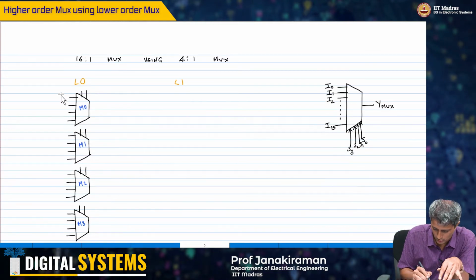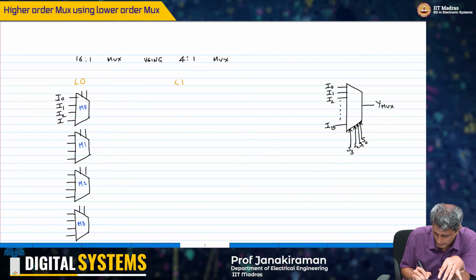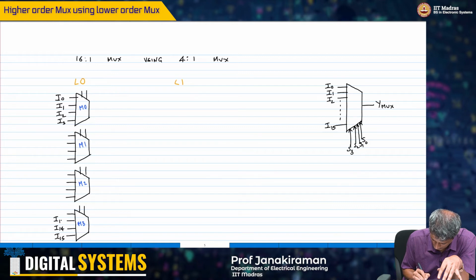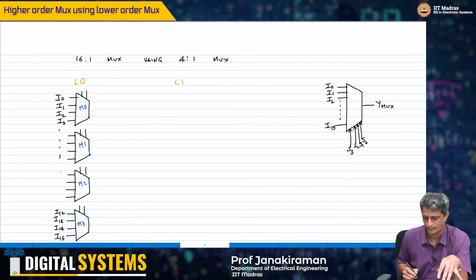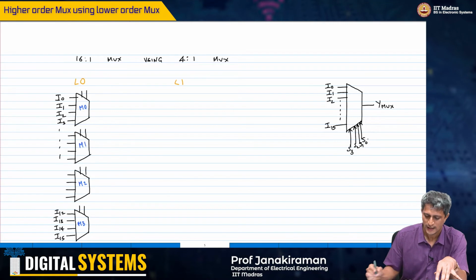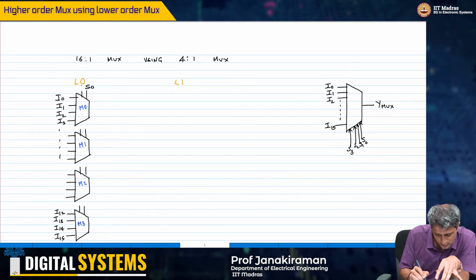So what am I going to do? I am going to connect the inputs I0, I1, I2, I3. This is I15, I14, I13 and I12, and so on. Now the two LSB bits are S1 and S0. So I am going to assume that this is S0, S1.